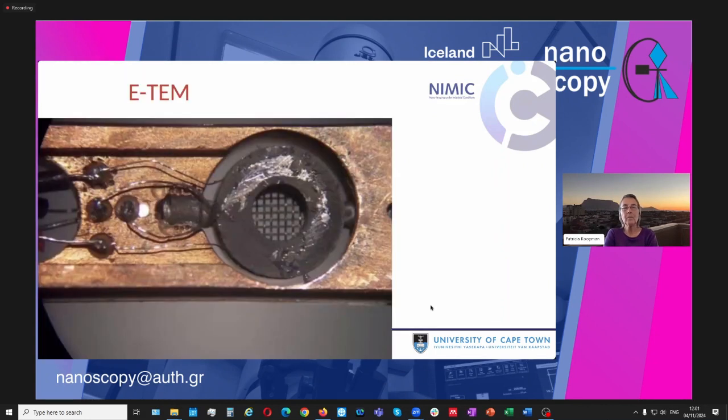Because what I saw when I played around with Peter Crozier's microscope there at Arizona State University, what we were studying was the carburization of iron oxide to iron carbide, which is a well-known Fischer-Tropsch catalyst to make synthetic fuels, to make biodiesel.